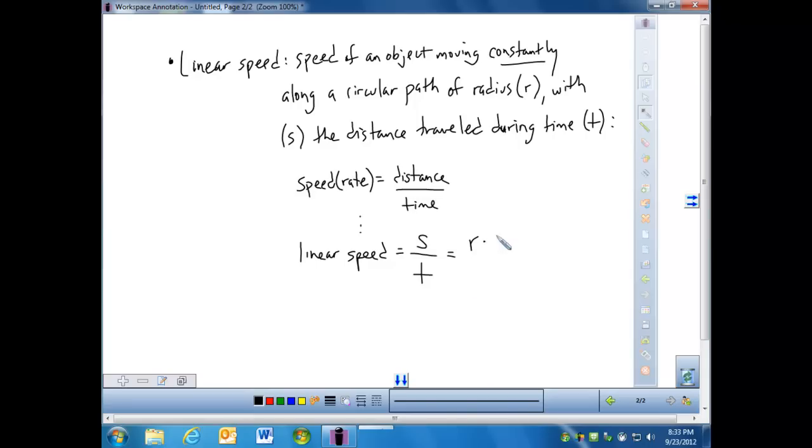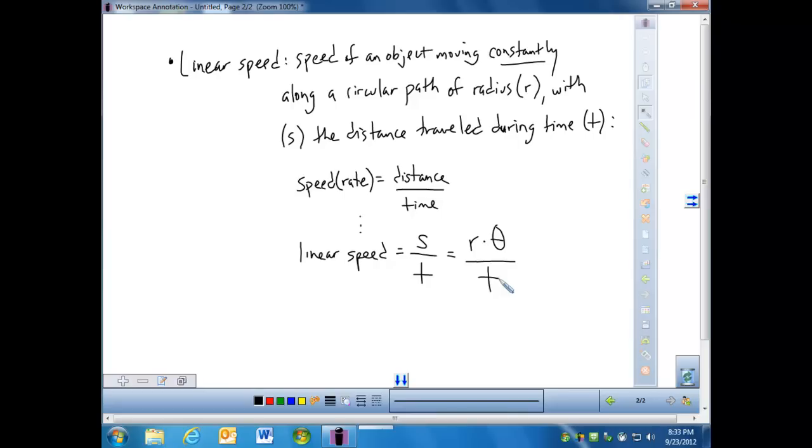We can find that distance by doing the radius of the object times the number of radians that it's passing within a certain amount of time. Let me say it one more time here.